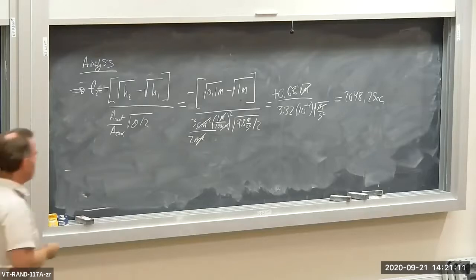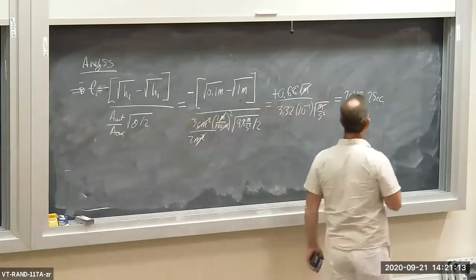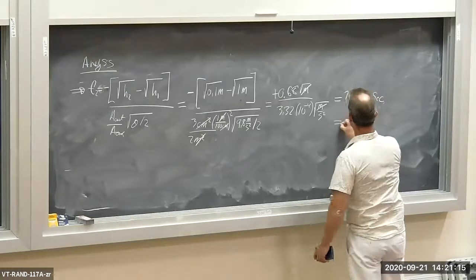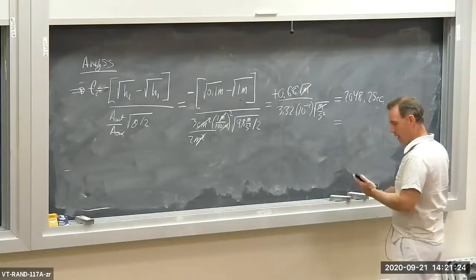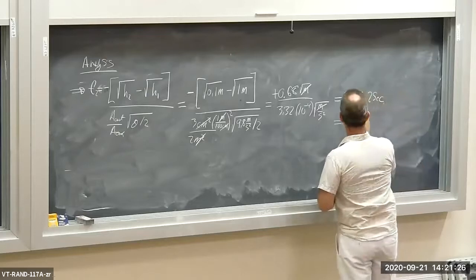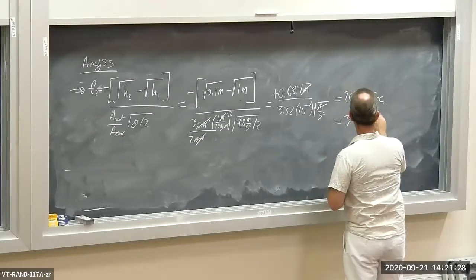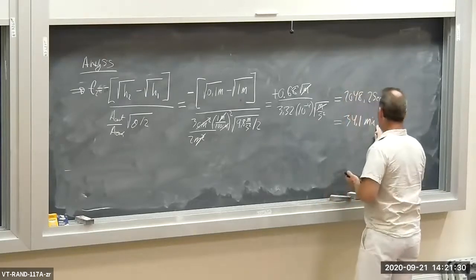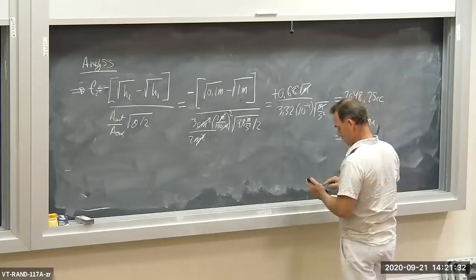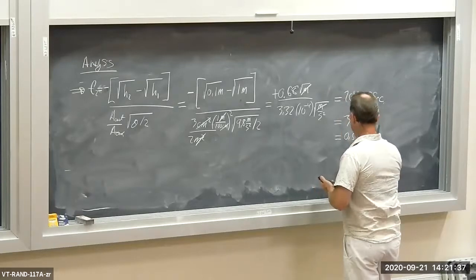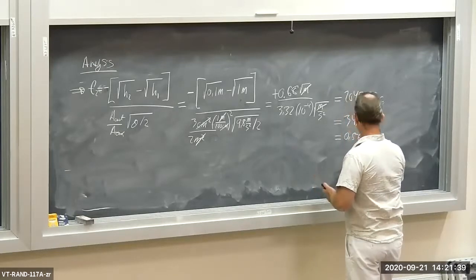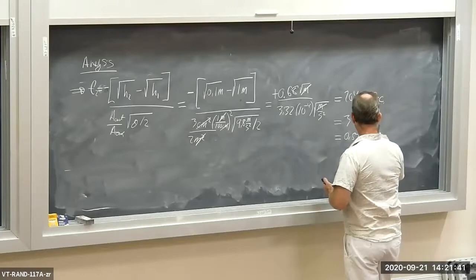So that is seconds. Let's write that in minutes here. Divide by 60, and that gives me 34.1 minutes. Or if you want it in hours, 0.569 hours, okay?